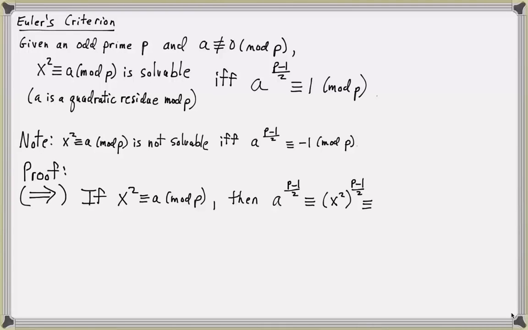And the 2's cancel, and that just equals x to the power p minus 1. And again, by Fermat's little theorem, this is congruent to 1 mod p. So we see that if a is a quadratic residue mod p, then a to the p minus 1 over 2 will be congruent to 1 mod p.